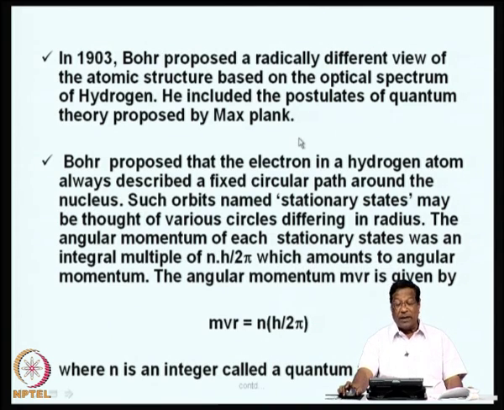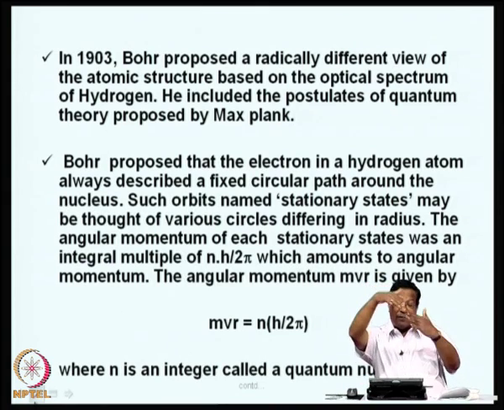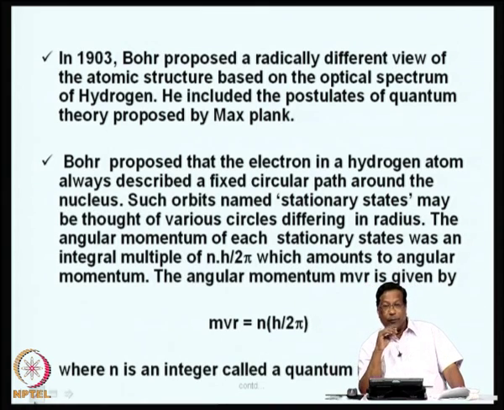He proposed that an electron in a hydrogen atom always describes a fixed circular path called stationary states or orbits. He thought that the electrons are moving around at different energy levels compared to the nucleus. The one which is very near the nucleus will have very high energy, the one which is farther away will have lower energy, which are quantized.